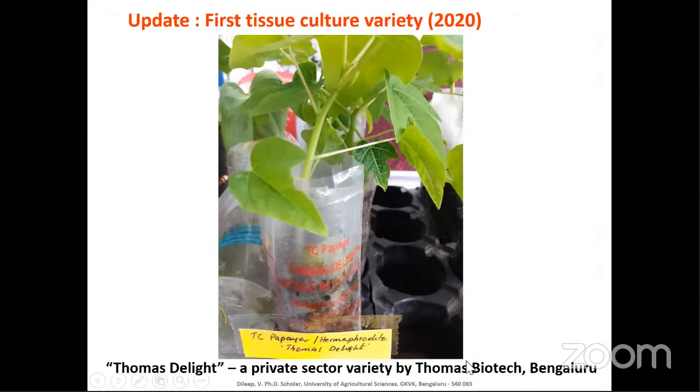This Thomas Biotech institute lies very near to my campus. They have not yet commercialized and sold it, because it is a private sector variety, but they have released this variety.